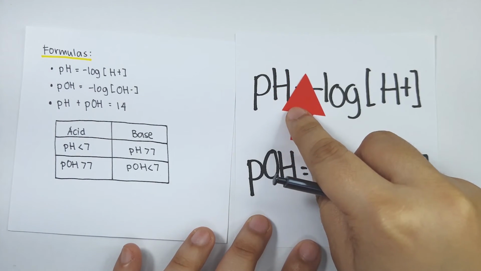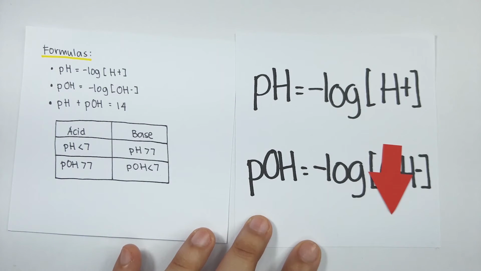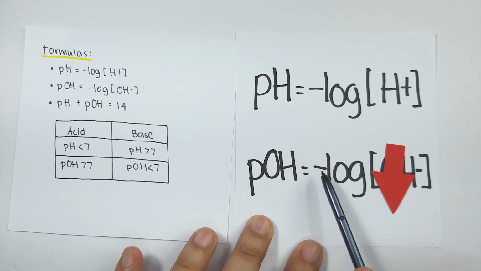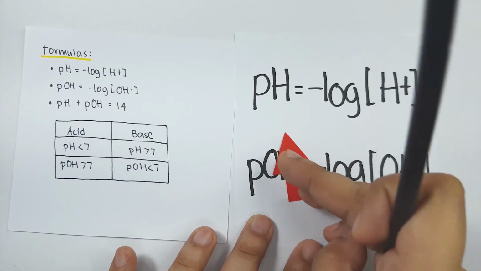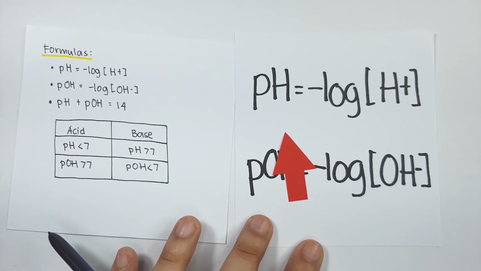So kapag acid ka, yung OH- mo ay maliit kasi 'di ba H+ yung na-form mo. So logarithm of a small value is small or negative. Multiply mo ng negative, magiging positive, so tataas. So kapag acid ka, yung pOH value mo ay mataas or greater than 7.